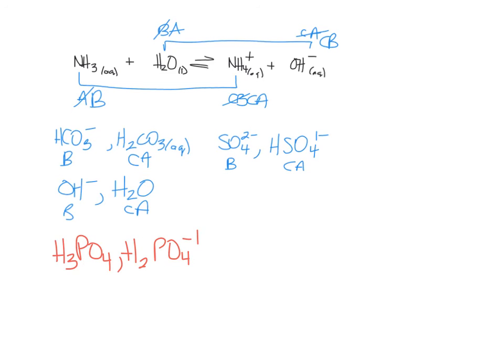H2PO4 with one negative. If I lose another H, if I do the conjugate base for this, it would be HPO4 2 minus.